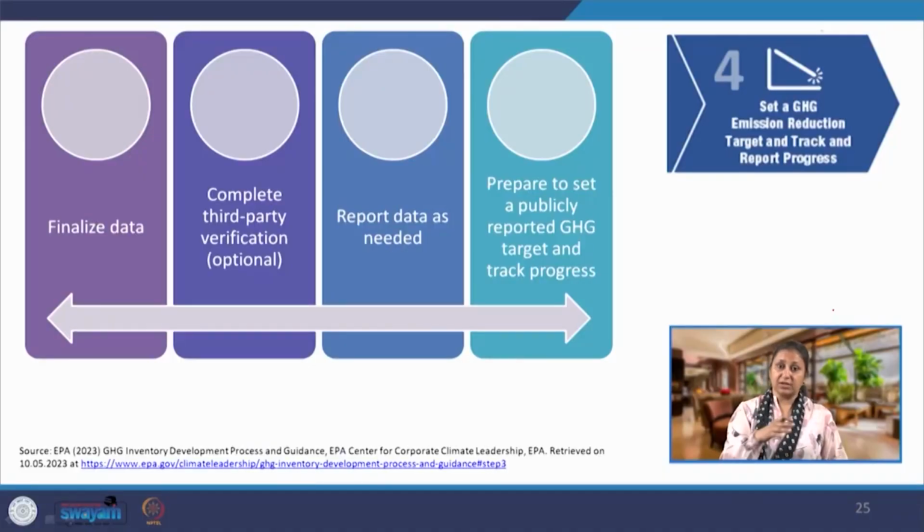And so, here we are talking about the emission reduction target, which we had simultaneously along with the baseline identification. We have to decide which will be the target year, decide the target and then how to achieve that target. So, track the progress is what we have to continuously monitor and track.